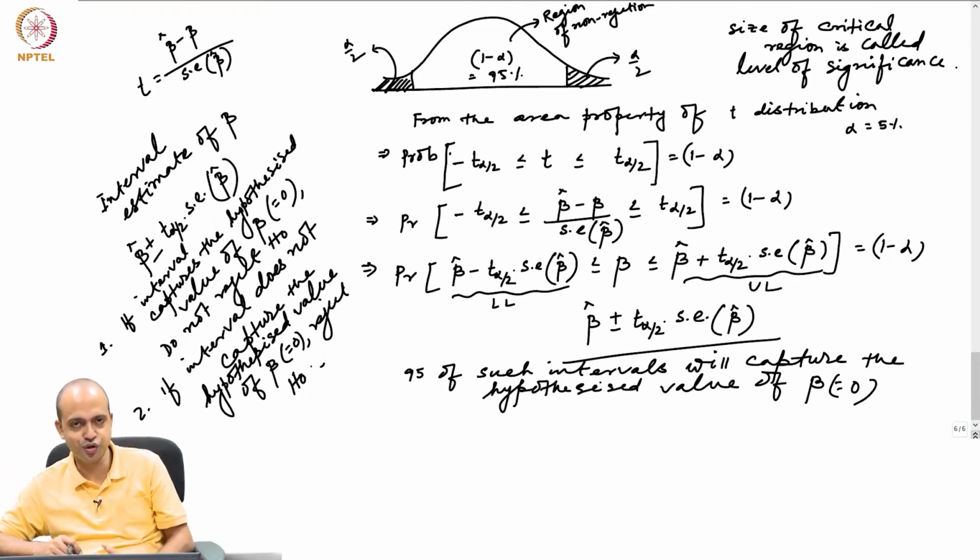And since the probability distribution is attached with this decision making, we commit some kind of mistakes or errors in this decision making. There are two types of error, type 1 and type 2.